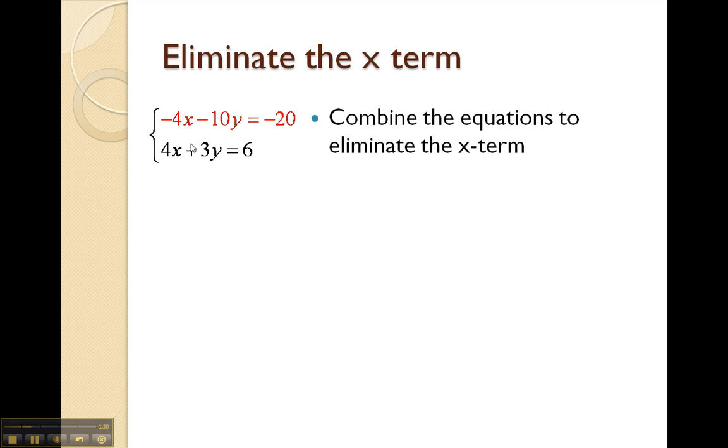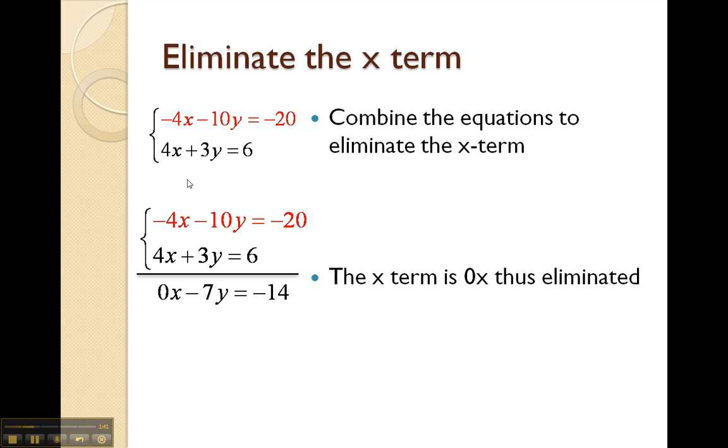Once I have my exact opposite pair, which I do here in the -4x and +4x, I'm going to combine the equations so that the x term is eliminated. So I take my equations and I'm going to combine the two, and it's kind of like adding them together in a way where you take -4x plus 4x, and that equals 0x.